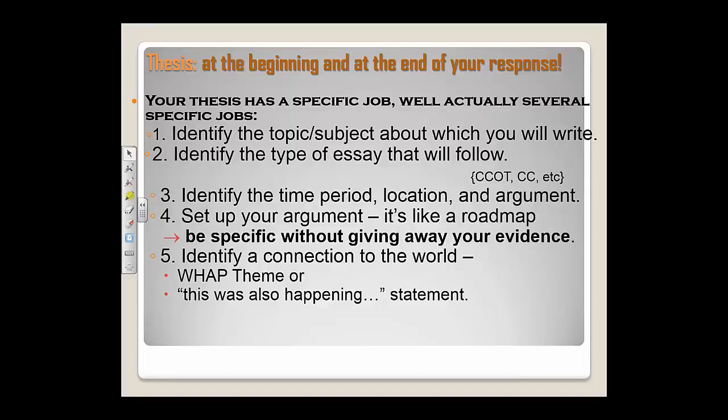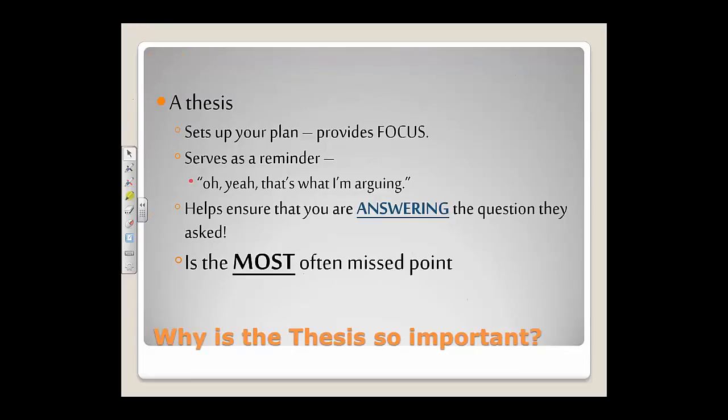A couple of years ago, DBQ actually asked a change in continuity over time question as a DBQ, which makes it really hard to think about it. We're trying to do a better job of writing the questions so that they're questions that you can answer without having to double your skill set. Set up your argument. It's like a roadmap. Be specific without giving away your evidence, and we'll talk more about that in just a minute.